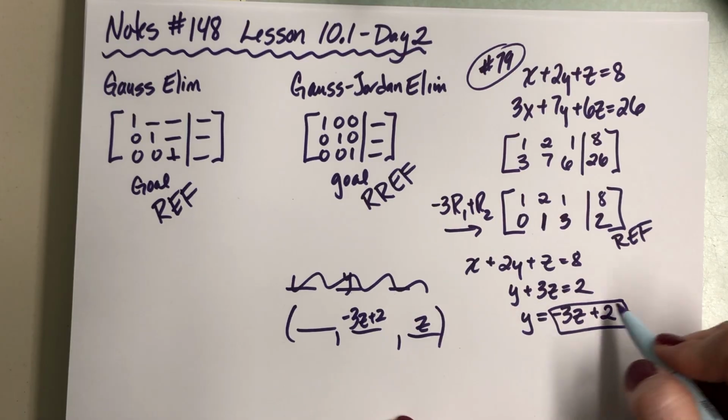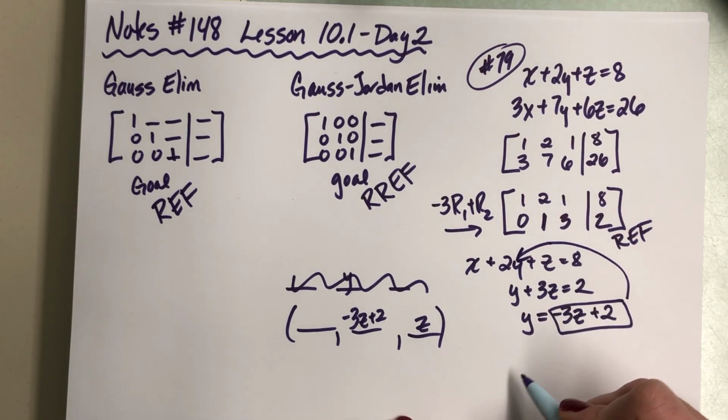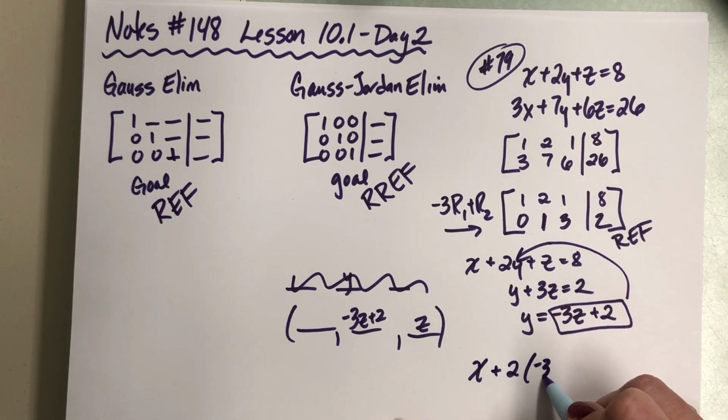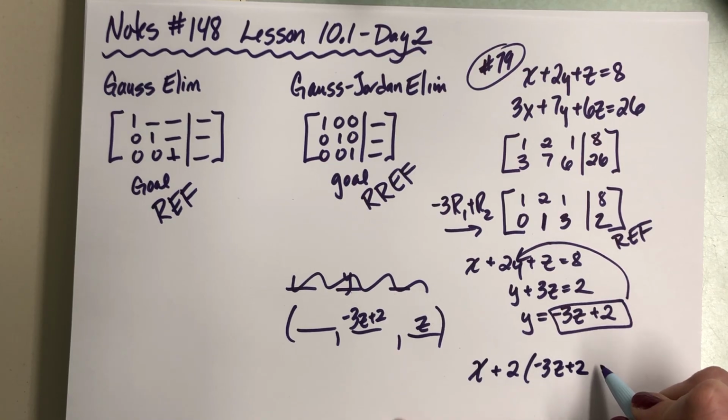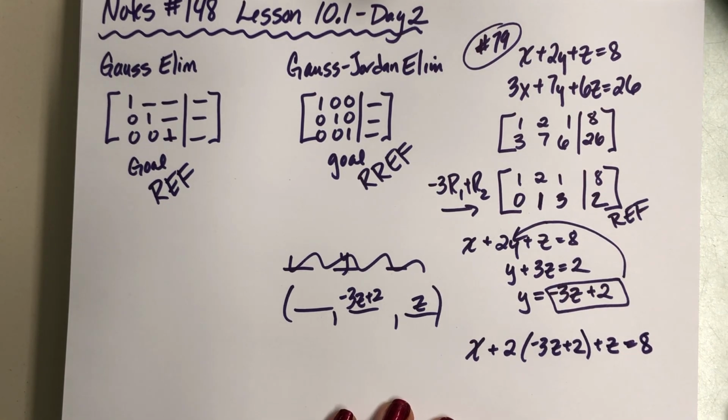Then I'm going to take this value of y and plug it into the y that I have in my equation. So I've got x plus 2 times negative 3z plus 2, plus z equals 8. I can simplify this, so x plus negative 6z plus 4 plus z equals 8.